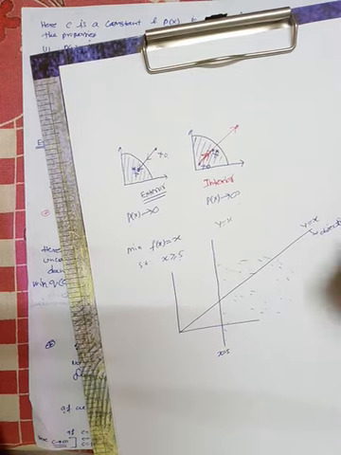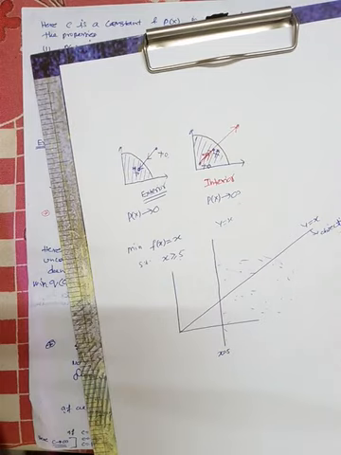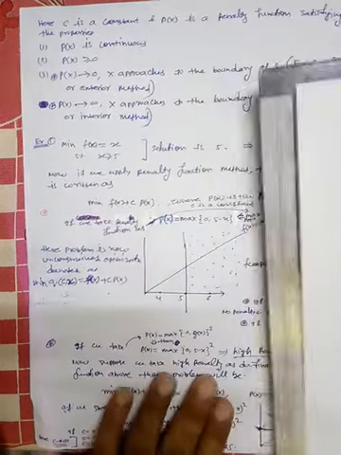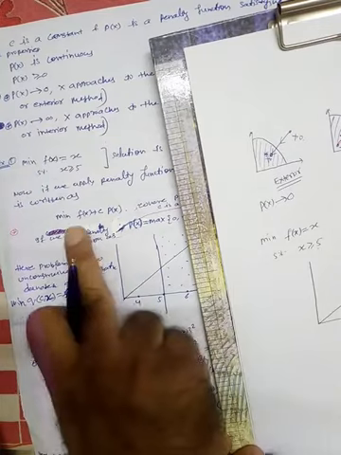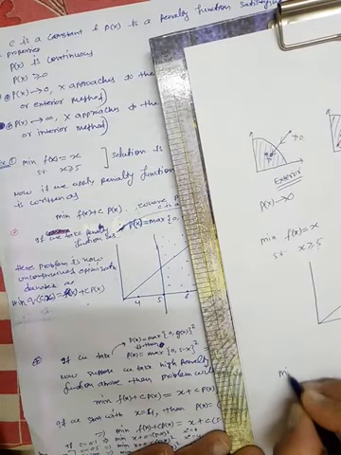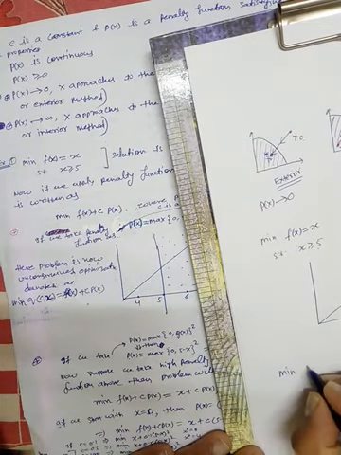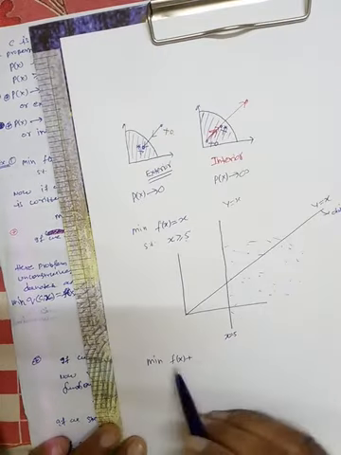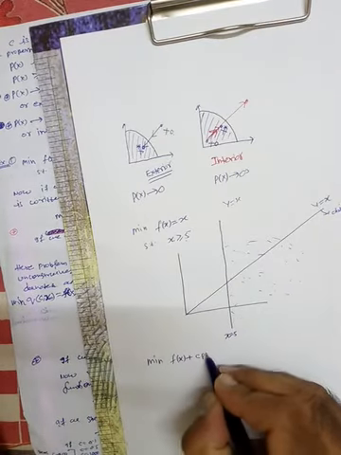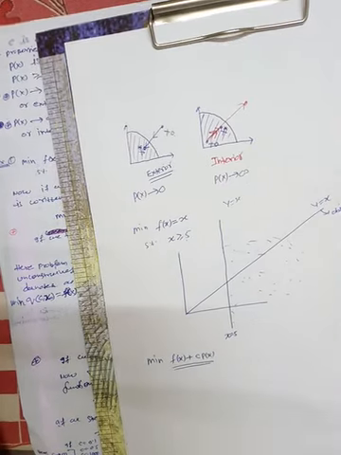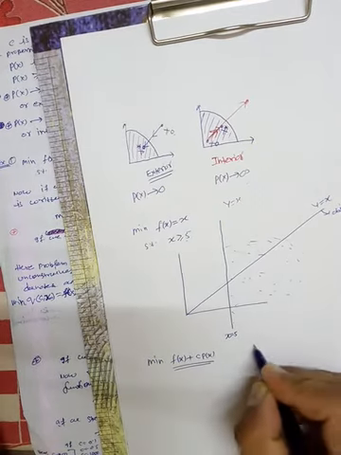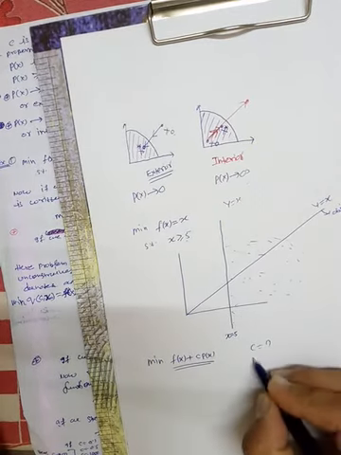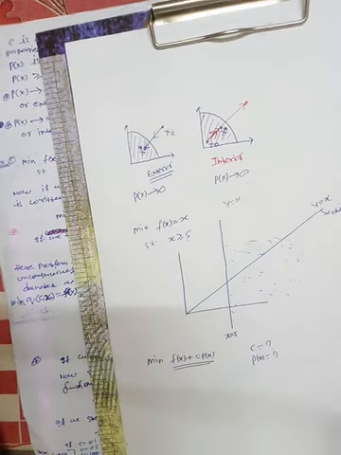Now as per the penalty, what you will do is minimize f(x) plus C P(x). We don't know what C is, we don't know what P(x) is.